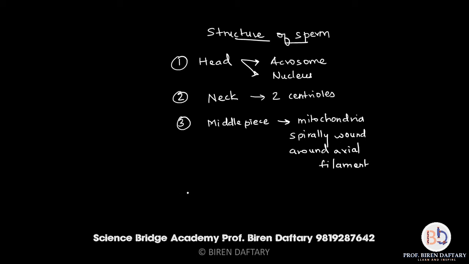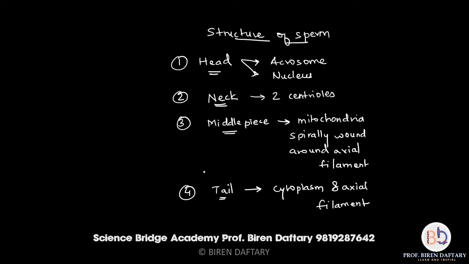And the last part of the sperm is called the tail, which consists of cytoplasm surrounding the axial filament. So these are the four main parts: the head, the neck, the middle piece, and the tail, and all these parts together form the haploid male gamete called the sperm.